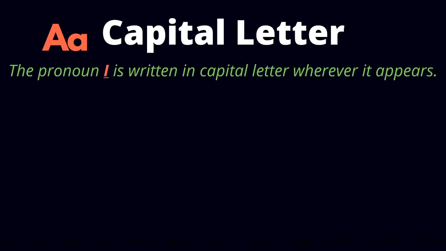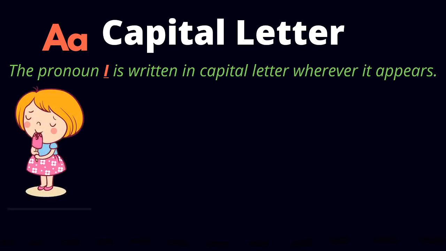The pronoun I is written in a capital letter wherever it appears. Children, focus on this. The pronoun I, the letter I, is written in a capital letter wherever it appears, maybe in the beginning or in the middle of the sentence.